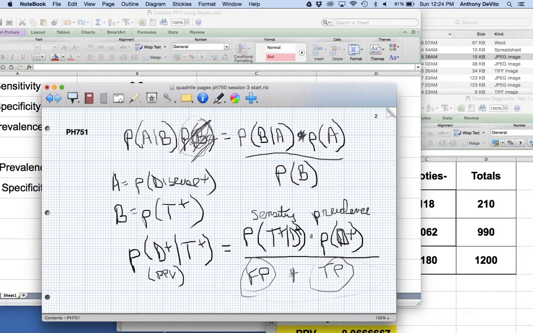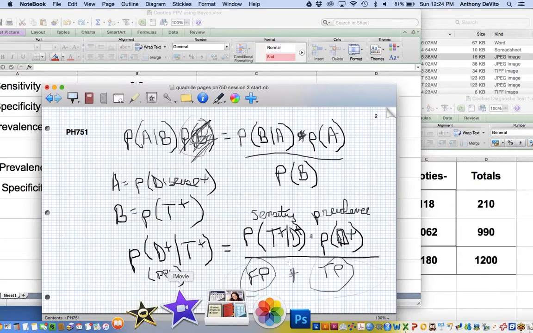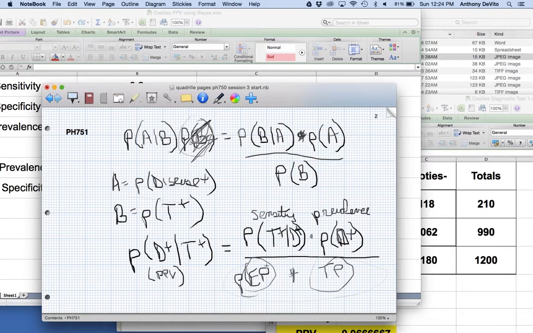And we have to determine both of them and add them together. The probability of a false positive and the probability of a true positive. I'm going to put this one first. True positive, and probability of a false positive, right? False positive. Okay. So we need to add those together.